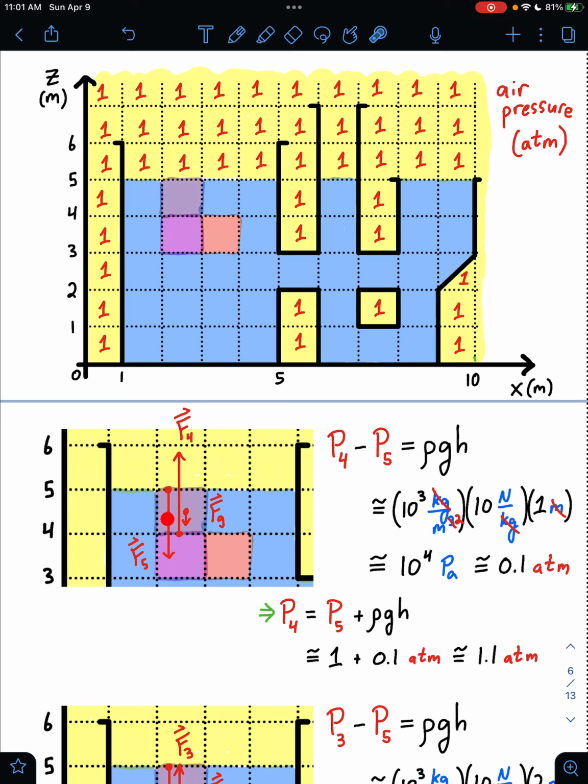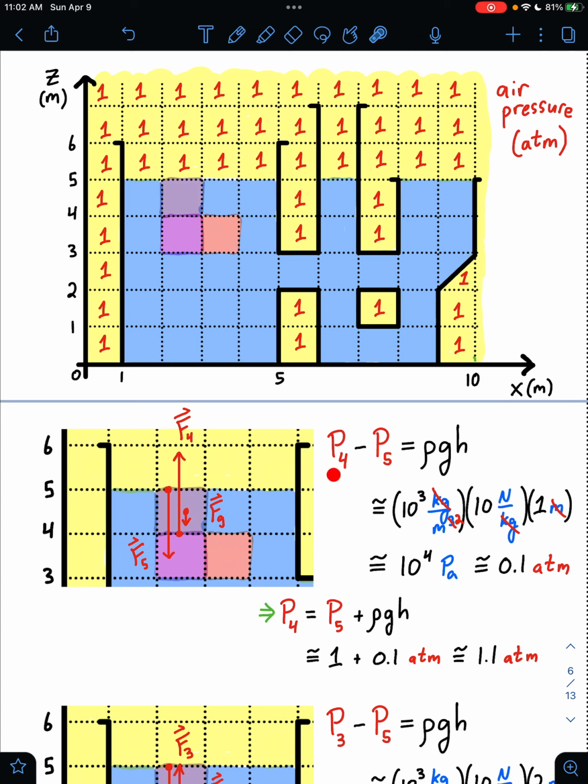There'll be a force from the air pushing down on it, and call that F5 since it's the force exerted at an altitude of 5 meters above the ground. There'll be a force upwards on that cube from the cube of water below it, pushing up on it. That's F4, since it's due to the pressure at an altitude of 4 meters above our reference point. And of course, there's a force of gravity due to the weight of all of the H2O molecules in that cube.